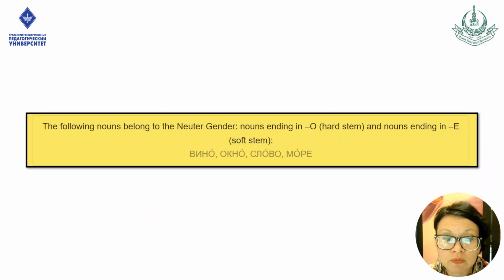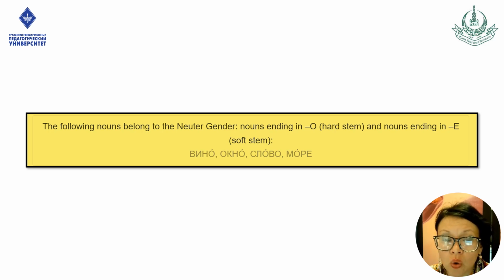The following nouns belong to the neuter gender: nouns ending in o, hard stem, and nouns ending in e, soft stem. For example, вино, окно, слово, море. Each time you see an o ending, you may realize that this is a neuter gender noun.